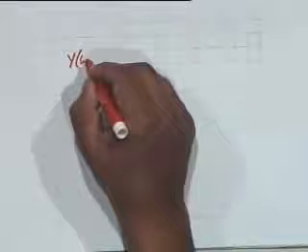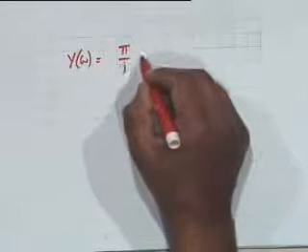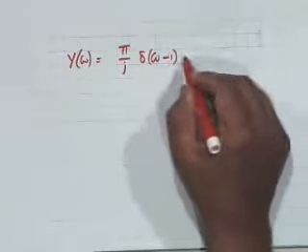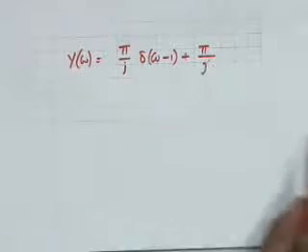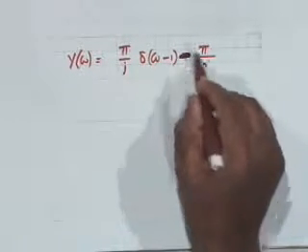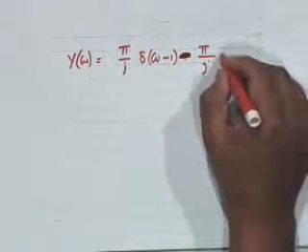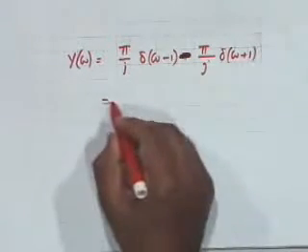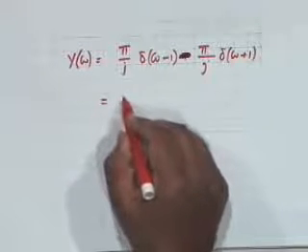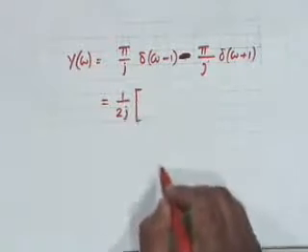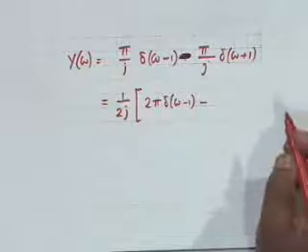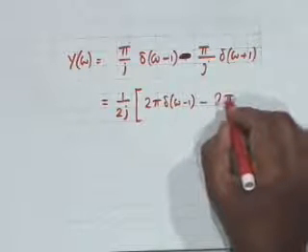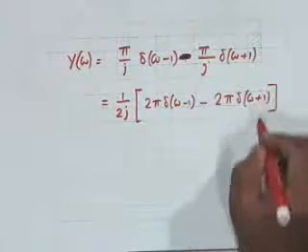And therefore, my total problem becomes Y of omega equal to pi by j delta of omega minus 1 plus, well, this will be minus pi by j delta omega plus 1, and you can see that this can be written as 1 by 2j times 2 pi delta omega minus 1 minus 2 pi delta omega plus 1.